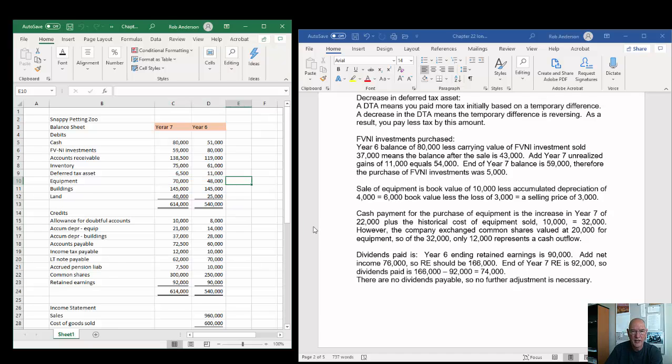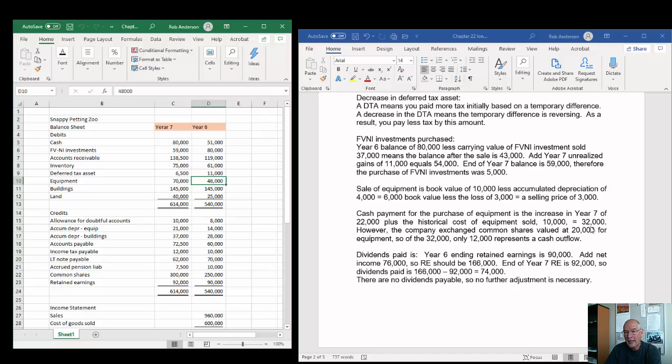Like if we started with that 48 and we took away 10 during year 7 for that sale of equipment with a historical cost of 48, that would leave us with a balance of 38, right? So that's why I'm adding that 10, and therefore we would have 32. However, this is more complicated than that.